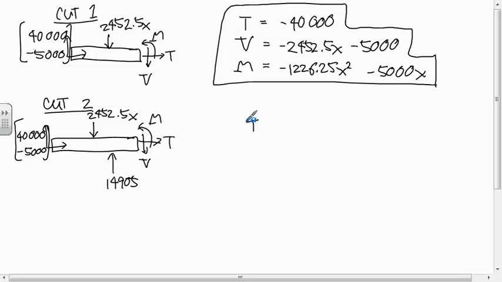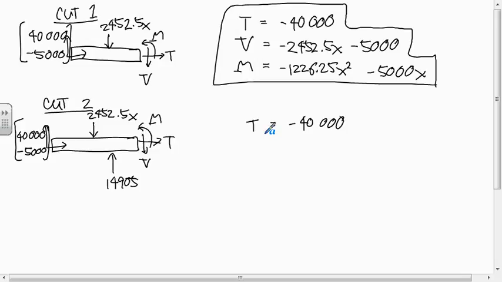Question? So T is negative 40,000. So as far as the tension compression, what's that, a tension or a compression? Compression, which means that if we're looking for the point with, so remember we're going to end up adding the normal stresses due to tension compression and due to bending.